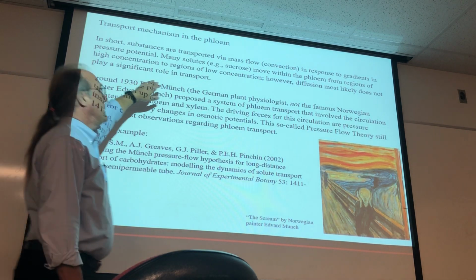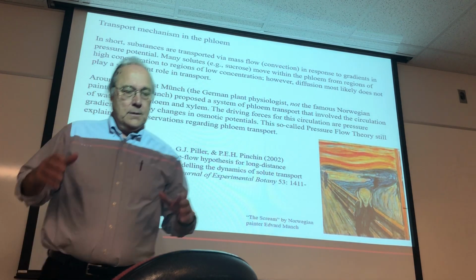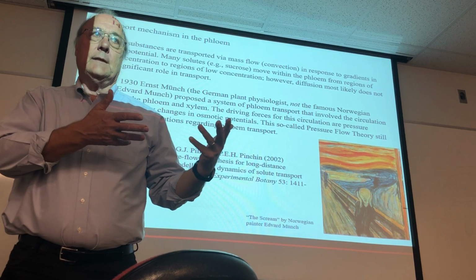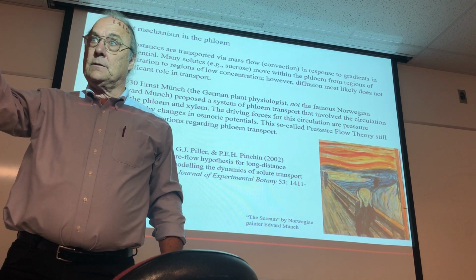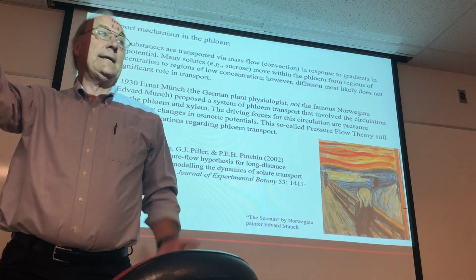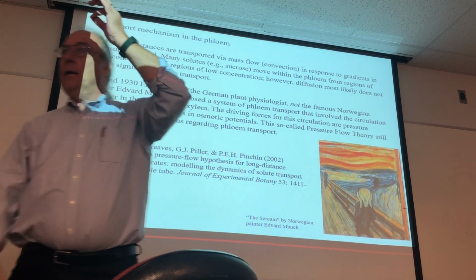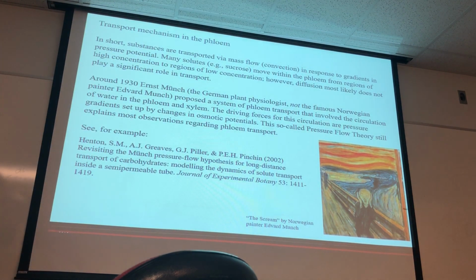So the end result is that sucrose or photosynthates get transported from areas of high concentration where they're produced in leaves, let's say, to areas of low concentration in roots and meristems and non-photosynthetically active tissue.